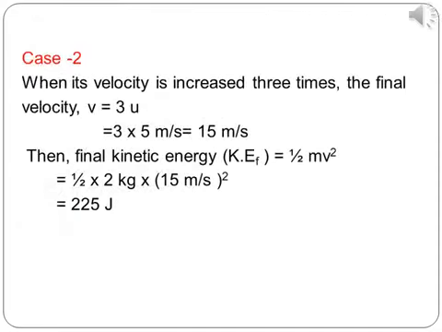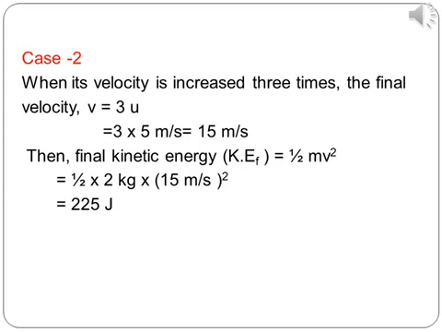And case 2. When its velocity is increased 3 times, the final velocity v is equal to 3u is equal to 3 into 5 meter per second is equal to 15 meter per second.